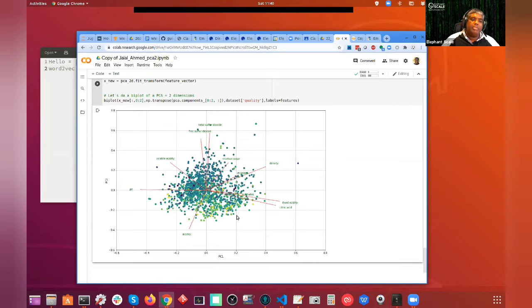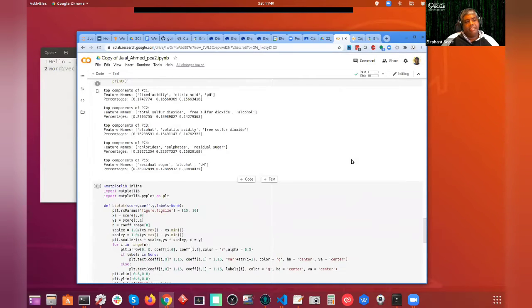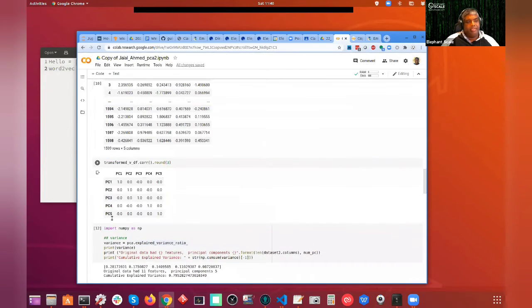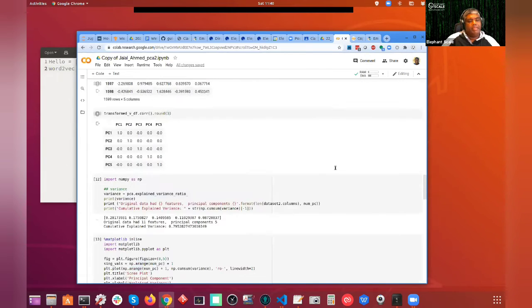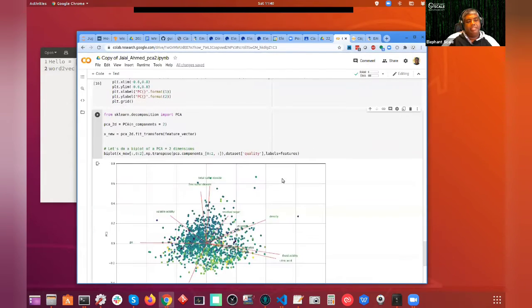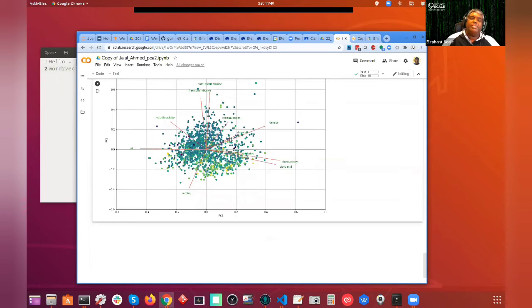We are seeing how these data points map onto our new axes, because what PCA does is give you a whole new set of axes. Imagine you're plotting these in X and Y axes, and basically what this graph is showing you is how everything else maps into this. Does that make sense, guys?